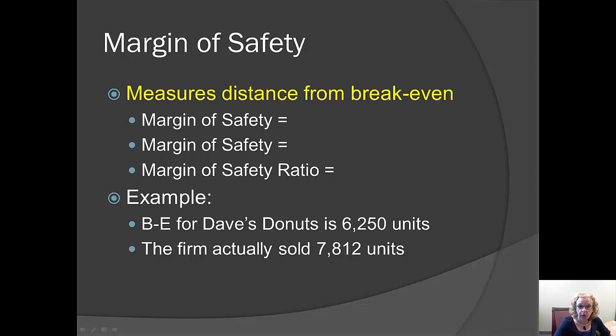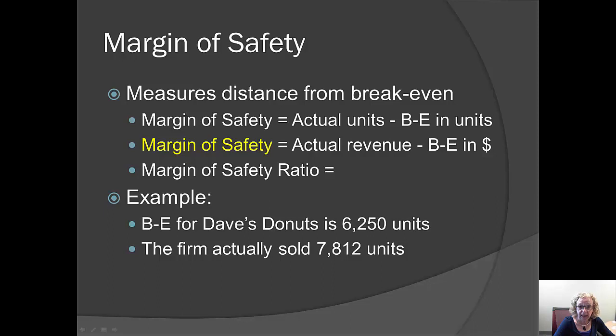So, the formula for the margin of safety is the difference between the actual units that we sold, or it could be the number of units that we expect to sell, and break even in units. Another way to look at it is the difference between the actual revenue or the expected revenue and break even in sales dollars.